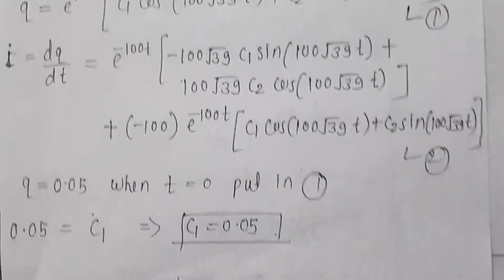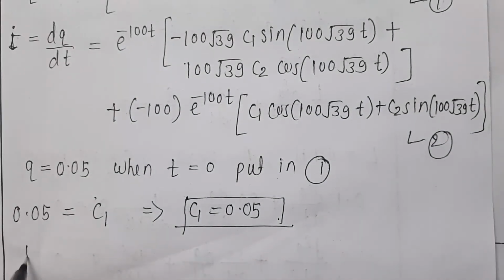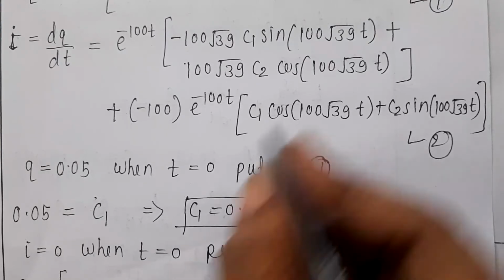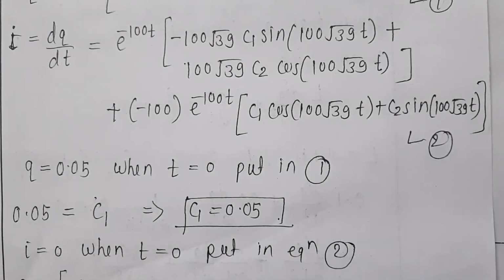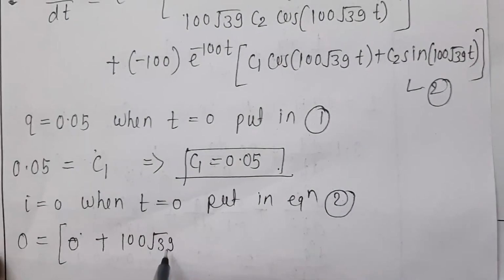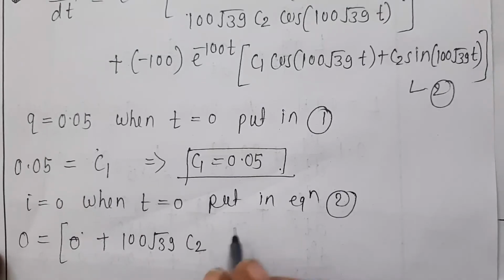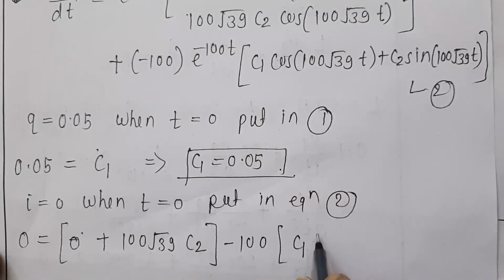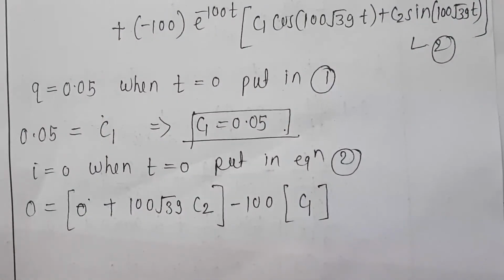Now find out C2, use equation number 2. I is equal to 0 when t is equal to 0. Put in equation 2. So I is equal to 0, e to the power 0 is 1, minus 100 sin 0 is 0, so the first term is 0. The second term is 100 root 39 into C2, cos 0 is 1, minus 100 e to the power 0 is 1, cos 0 is 1, so from the second bracket only C1 is remaining.